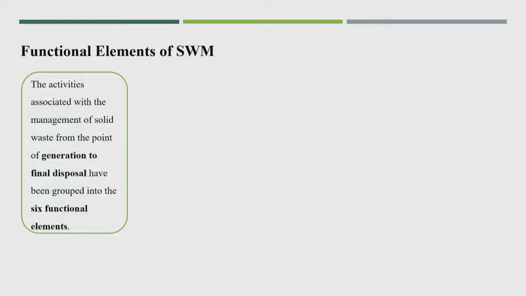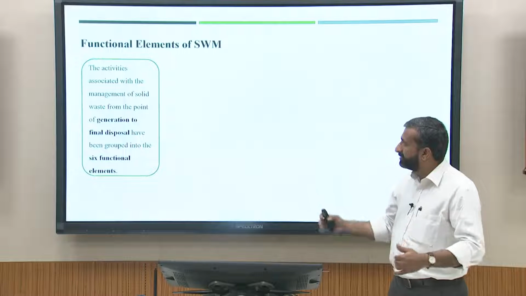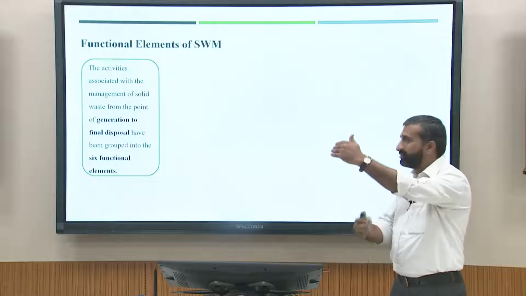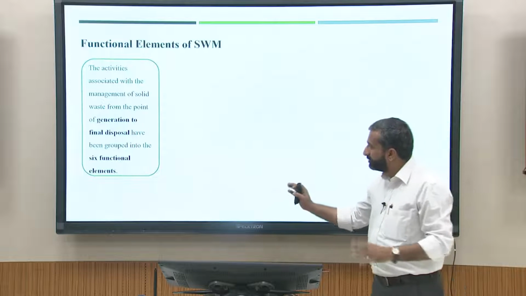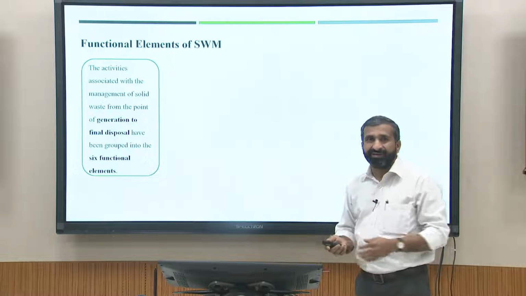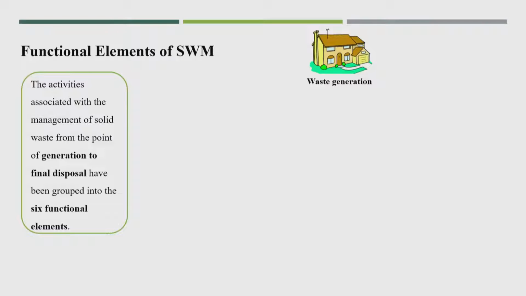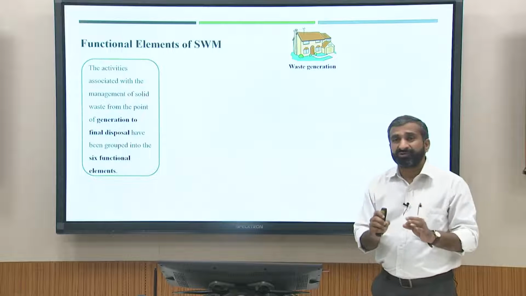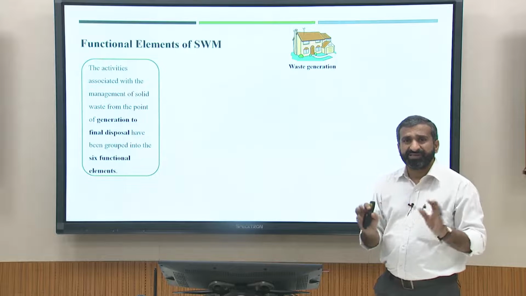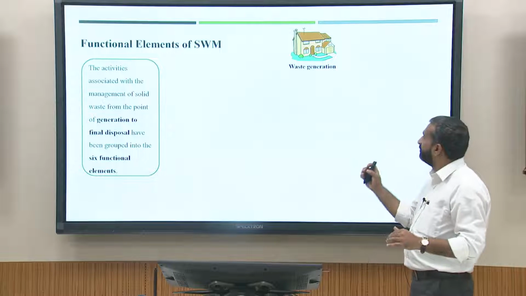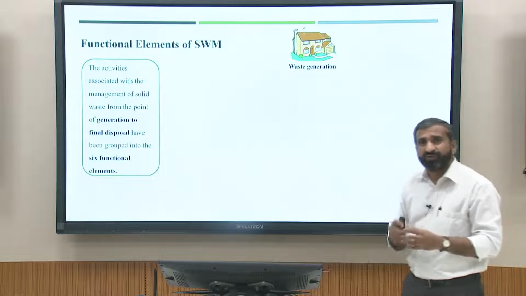We start from the generation to the final disposal, which includes the entire activities from generation to the disposal site, grouped into 6 functional elements. The first functional element is waste generation. It is very important to know the different sources of waste generation. I gave one example, household waste.